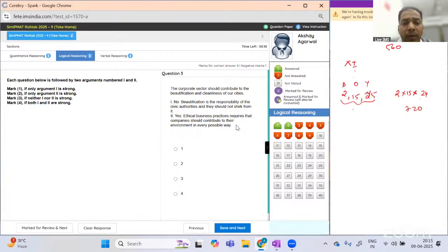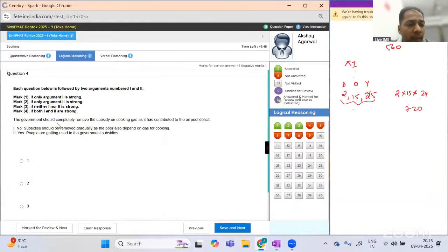In every possible way, one of the ways would be beautification and cleanliness. To me, both of them sound strong. So if both the arguments make sense, I think I'll go ahead with option 4.